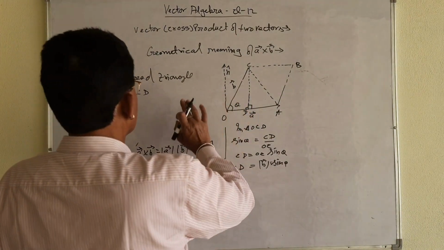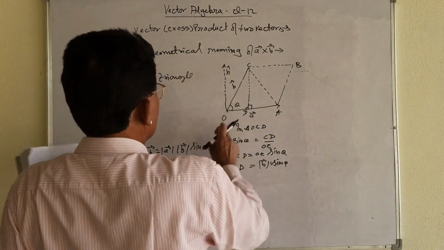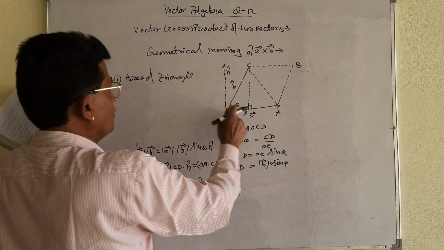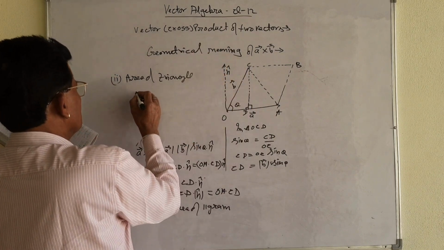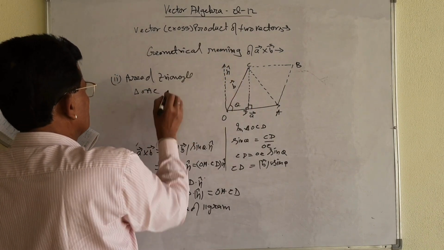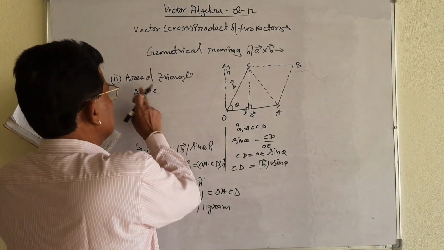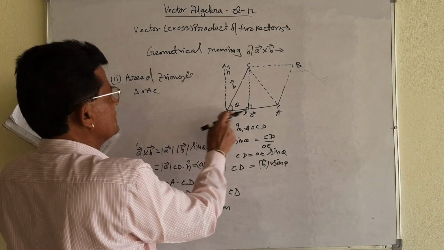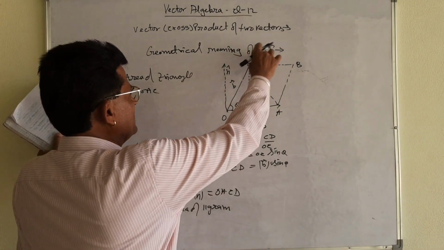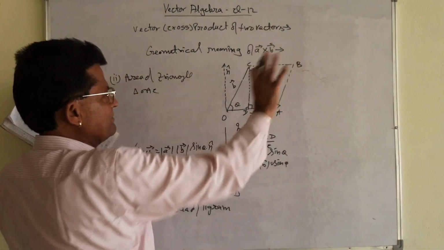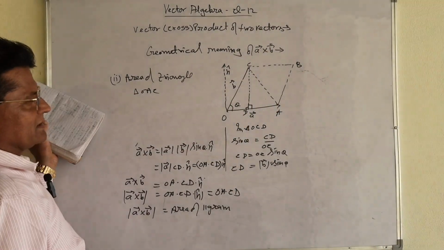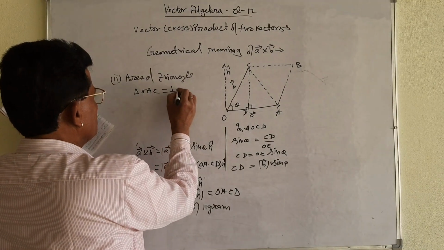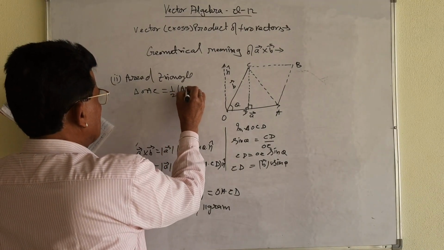Area of triangle OAC and area of triangle CBA are both the same. The area of the triangle will be equal to half of the area of the parallelogram.